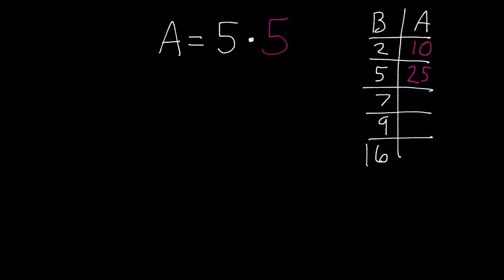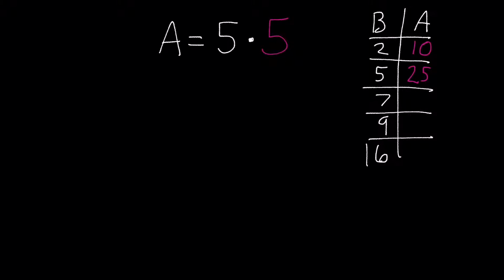If you're thinking to yourself, wow, all I have to do is take the number over here, multiply it by 5, and I get my answer, you'd be absolutely correct. That's all we're doing. We are just working on substituting in our inputs, applying the rule of the function, and getting our outputs.